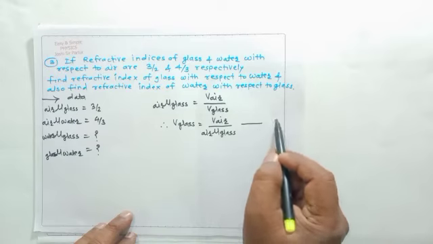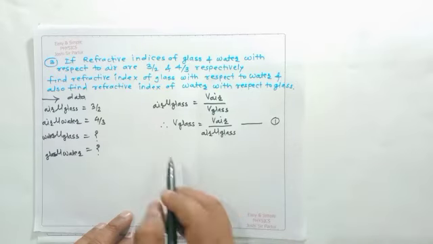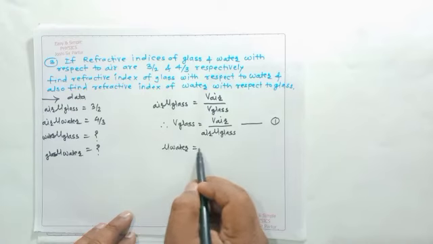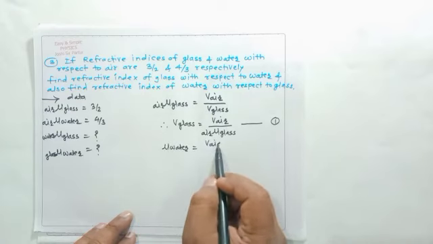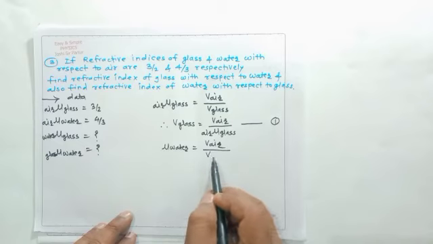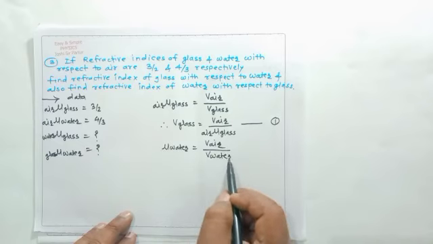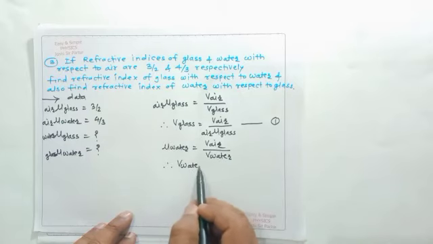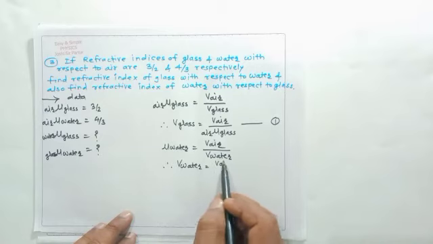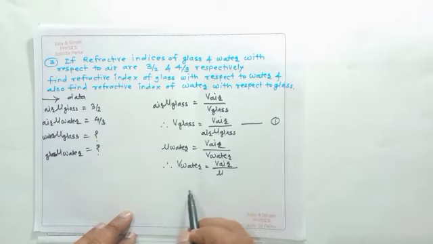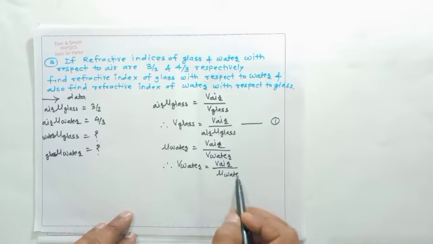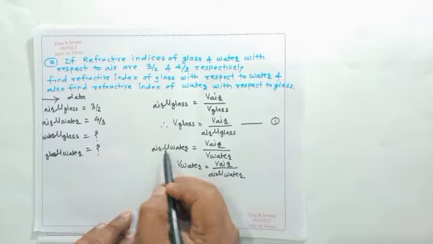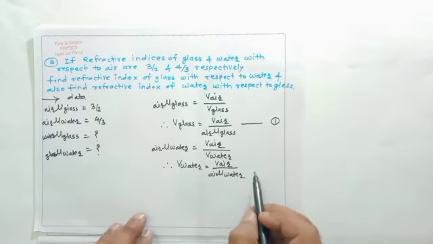Suppose this is equation number 1. Another, refractive index of water is equal to velocity of light in air divided by velocity of light in water. So therefore we can find out velocity of light in water is equal to velocity of light in air upon refractive index of water with respect to air. See here, air. So this is equation number 2.